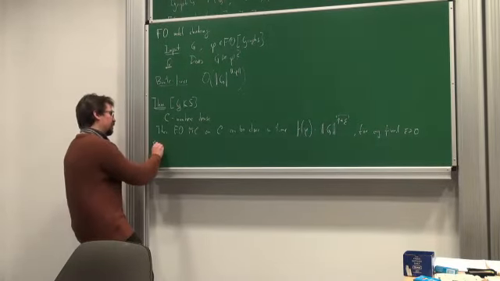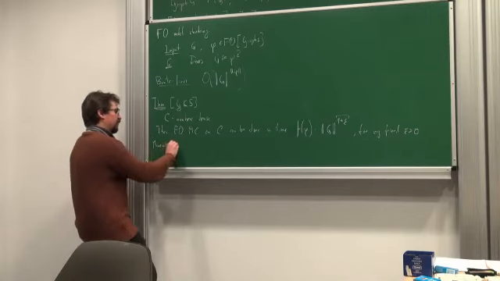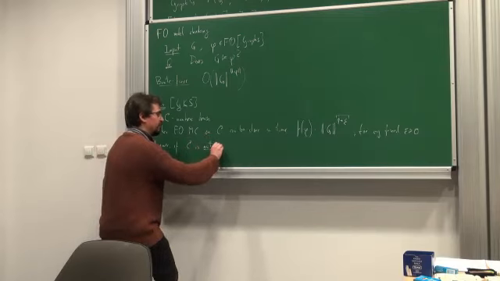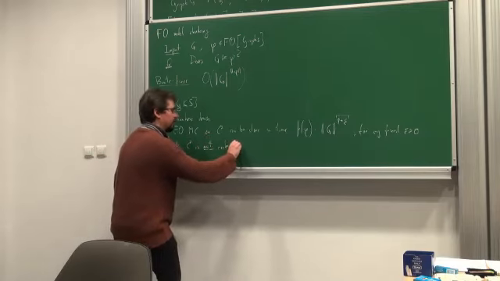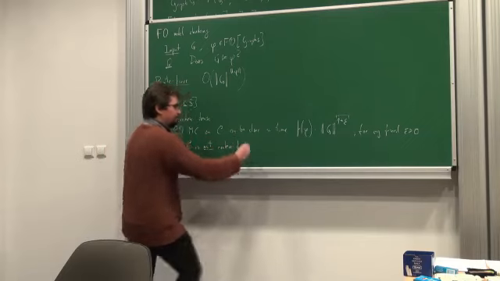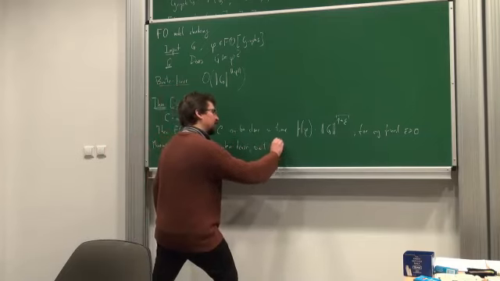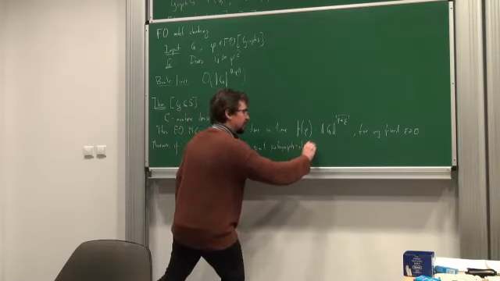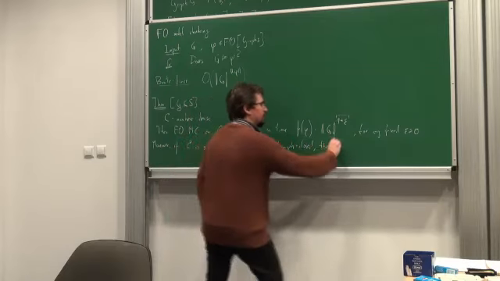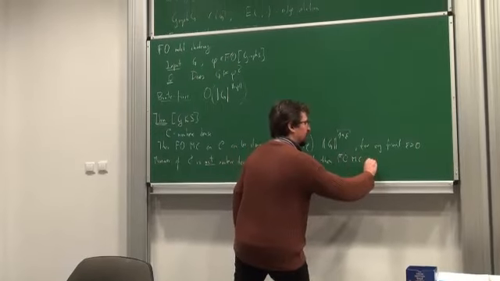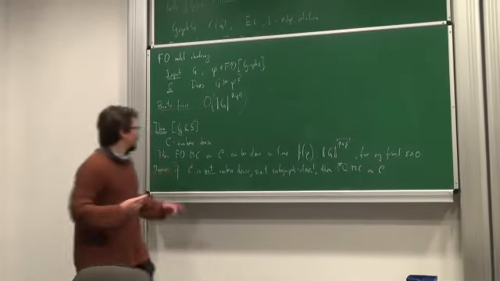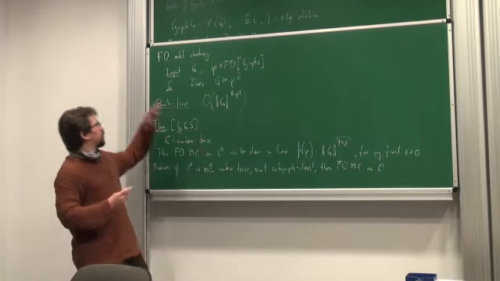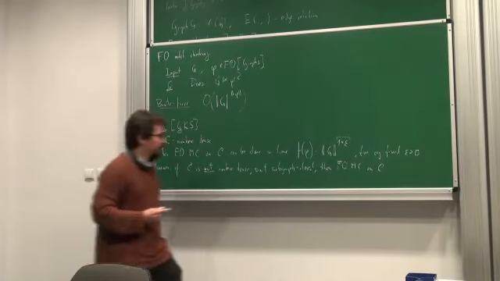So moreover, if C is not nowhere dense, but subgraph closed, then FO model checking on C. Just mentioning, FO model checking on C means FO model checking restricted to inputs coming from the class C. Yeah?